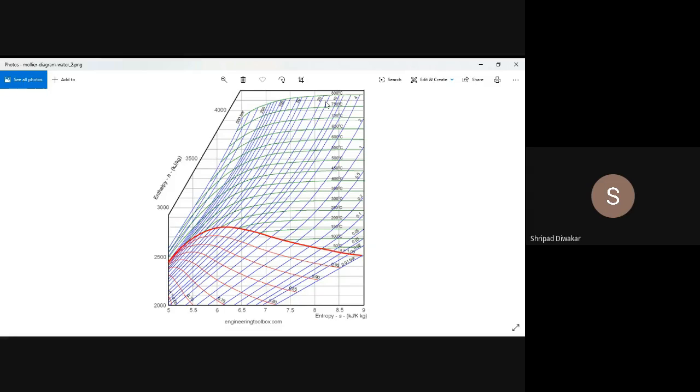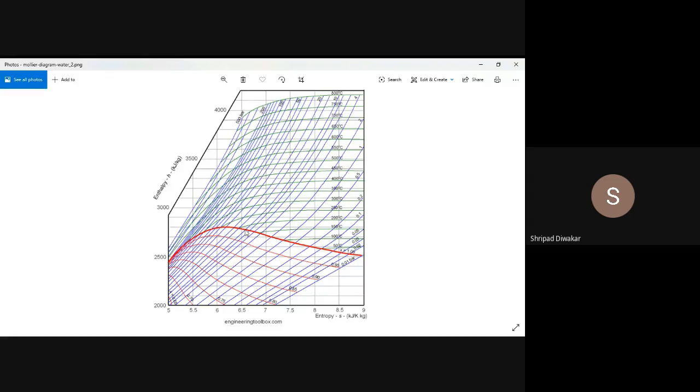I am not finding 12 bar, but you can refer to the nearest value, 10 bar. Scroll down along 10 bar to where it meets the dryness fraction 1 line. This is how to get the value of H1.